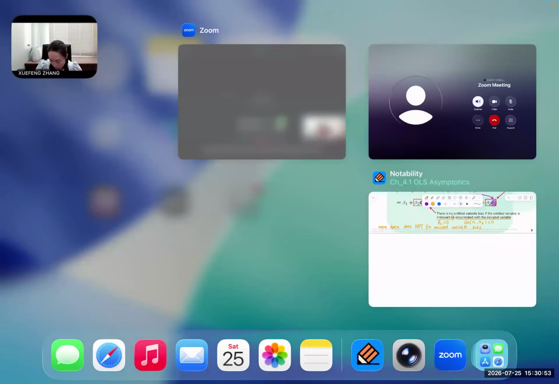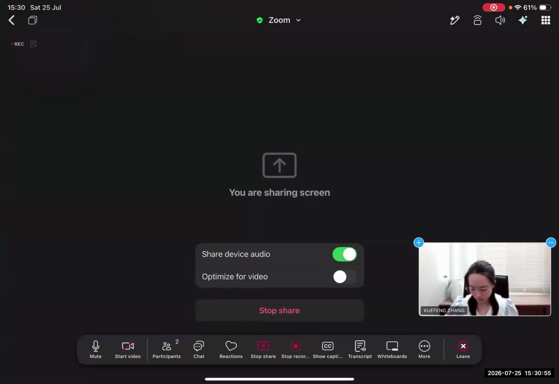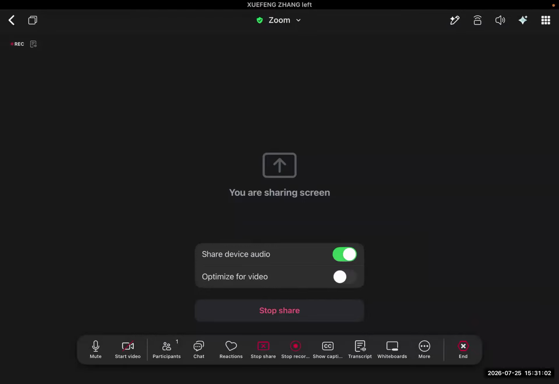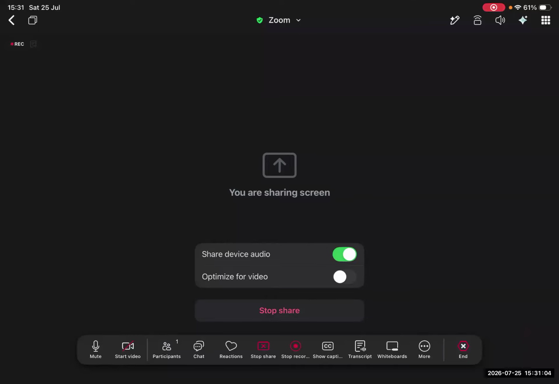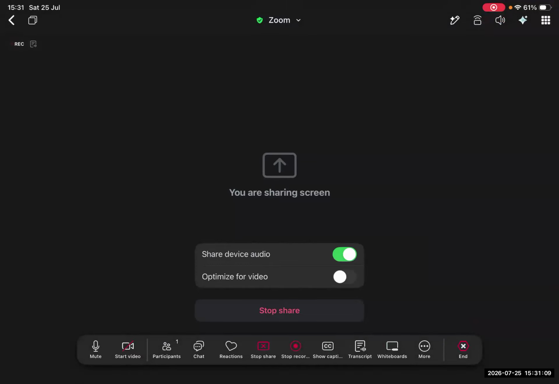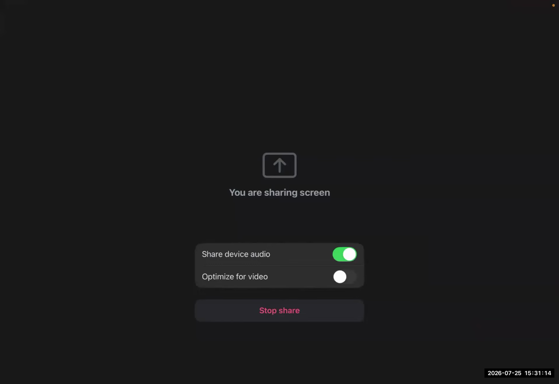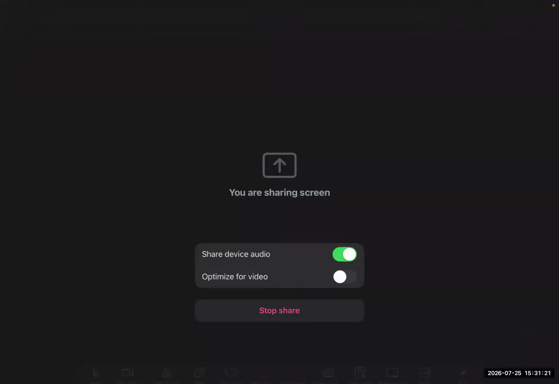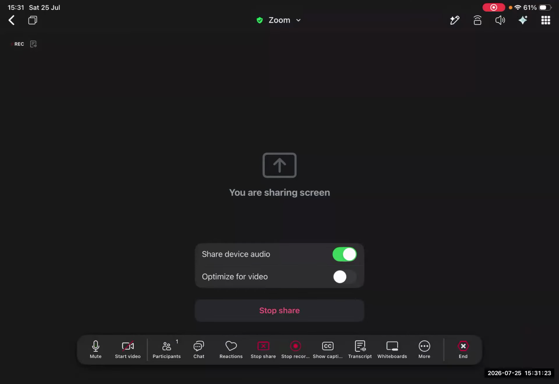Okay, something wrong with my computer again. Please bear with me. I'm gonna fix it. I'm still here. Just let me restart my computer.